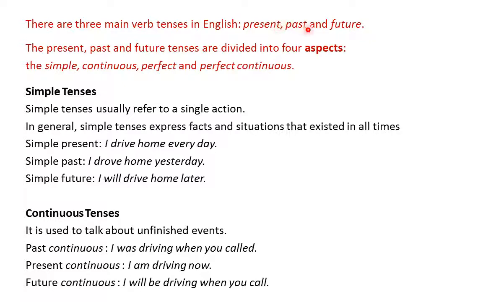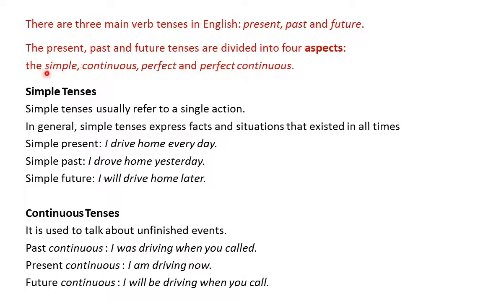The present, past, and future tenses are divided into four aspects, which are simple, continuous, perfect, and perfect continuous. So we have past simple, past continuous, past perfect, and past perfect continuous.